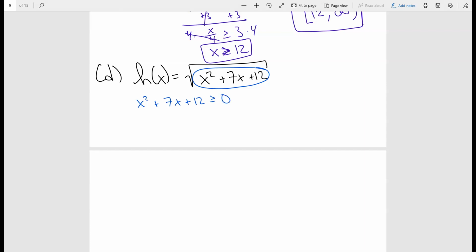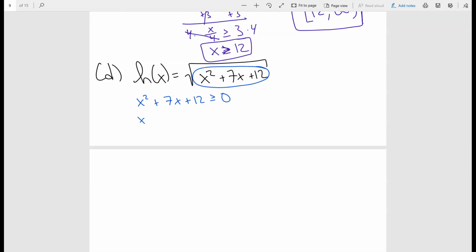Now, the way that you deal with these types of problems is, let's first imagine that we're doing an equal sign. Let's say we have x squared plus 7x plus 12 equals 0. Let's just pretend that we're doing this one, and we're going to come back to the inequality.